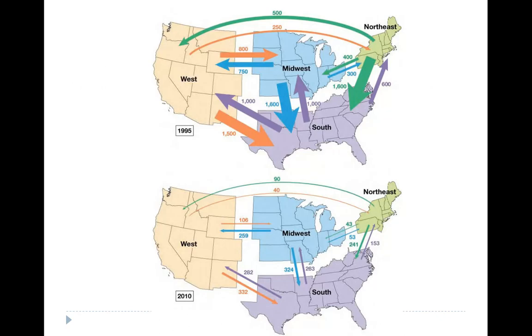These are also maps that show internal migration in the United States. In 1995, a lot of people were moving around the United States. But then in 2010, migration had slowed dramatically. This was largely in part due to the housing market crash and the stock market instability in 2008, in which a lot of people lost their jobs and a lot of people lost a lot of money.